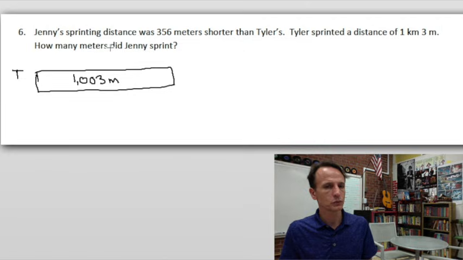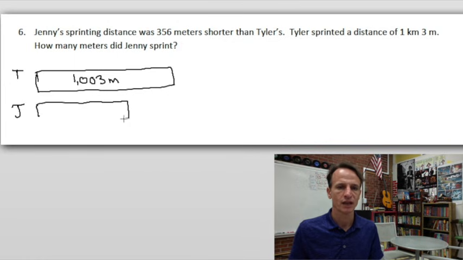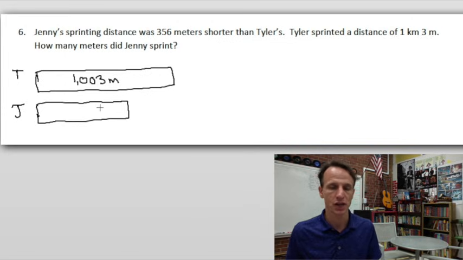And now Jenny, was hers longer or shorter? Yes, it was shorter. Okay, so when I draw J for Jenny, I'm going to make it shorter. And I don't know how much Jenny's is. That's what I'm trying to find. That's my J variable here.